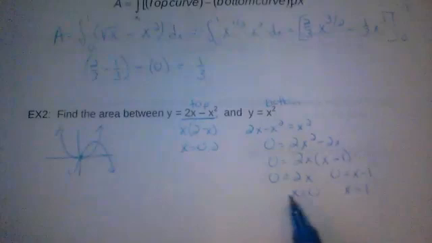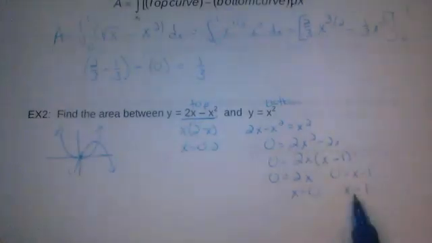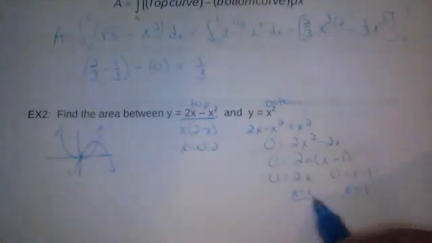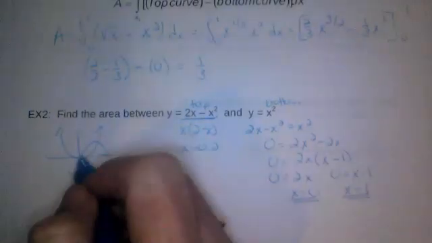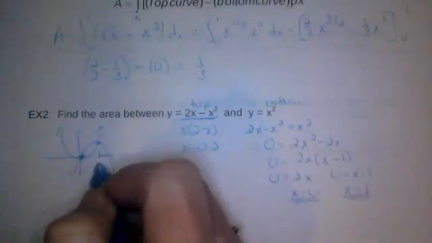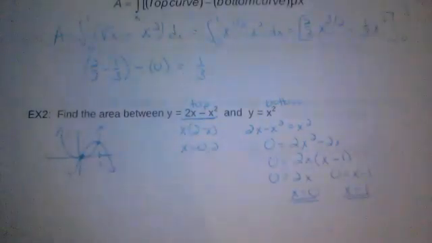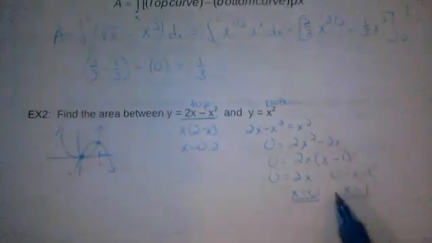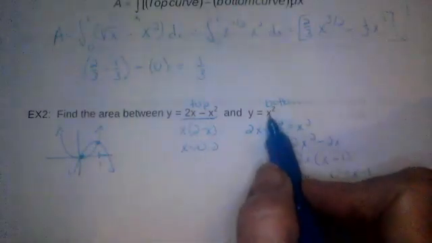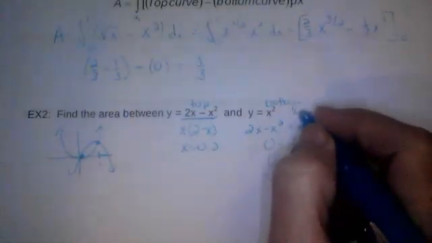So then, once we know this is where they intersect, which we're going to need anyway, 0 and 1 are going to be the integral values. But in addition to that, we can figure out, okay, well, at 1/2, for example, what would we get? Well, if I put 1/2 in here, I would get a 4th.